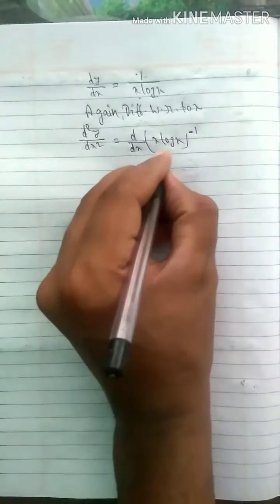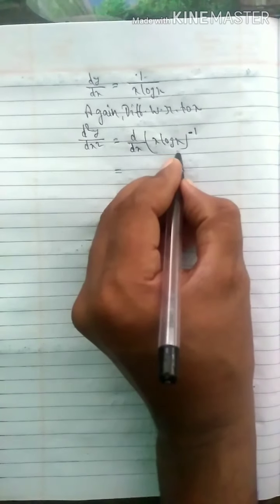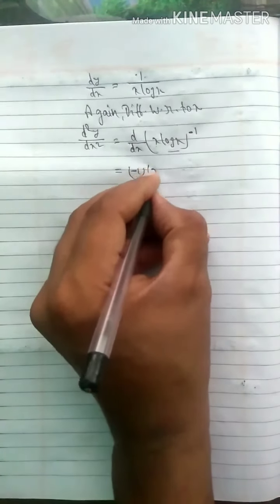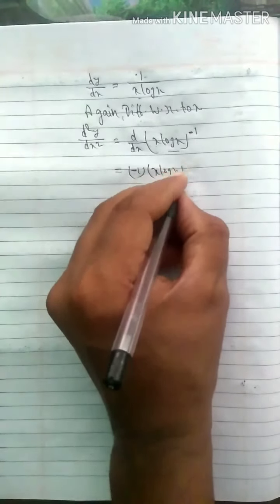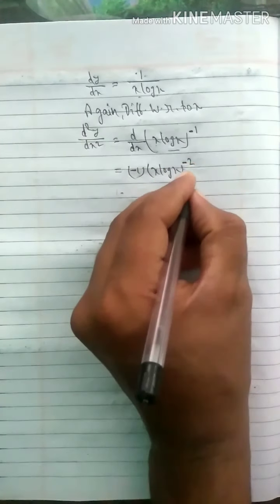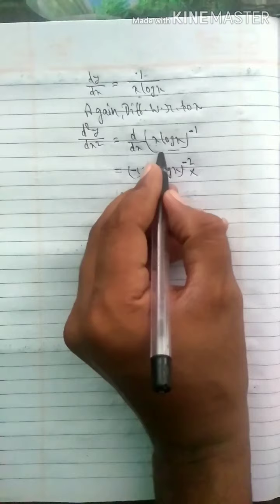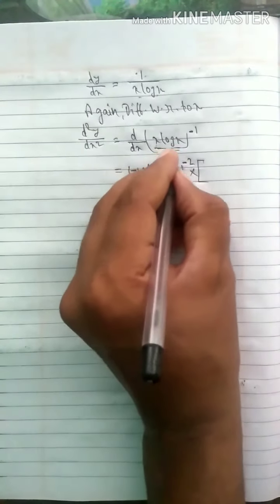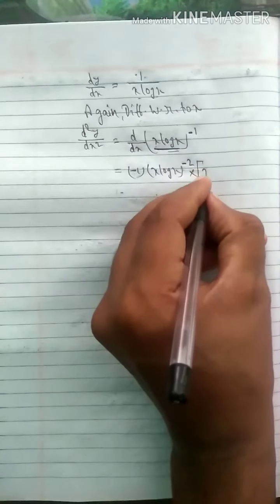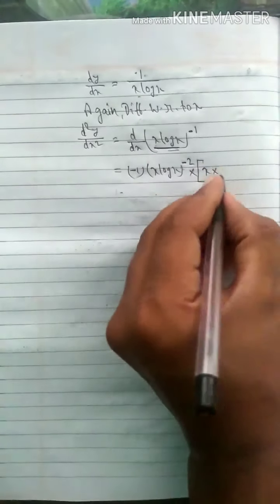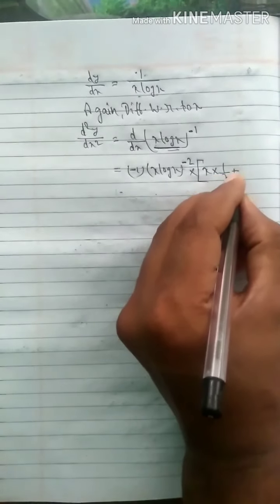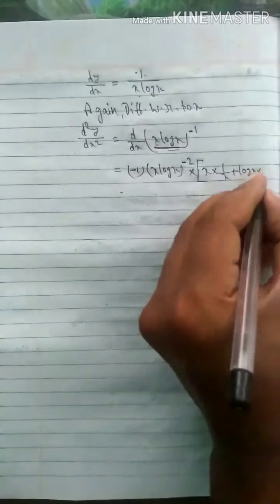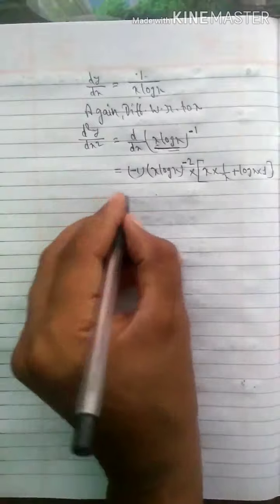And now differentiate it, using the formula for x to the power n: minus 1 into x log x to the power minus 2. And the differentiation of the second function x log x: using the product of two functions, the first function into the derivative of the second function, 1 by x, plus the second function into the derivative of the first function, x, which is 1.